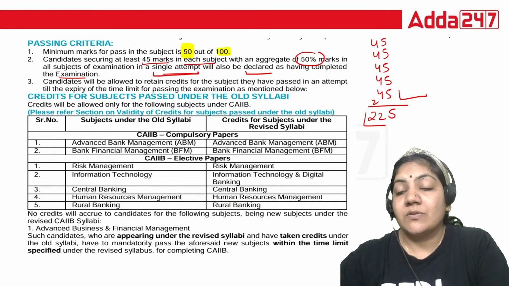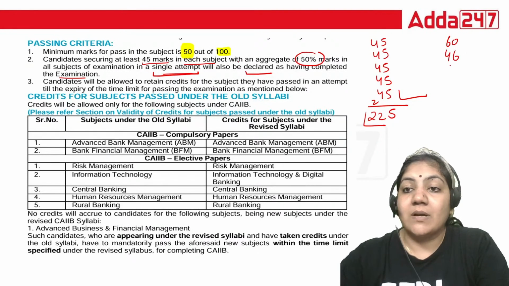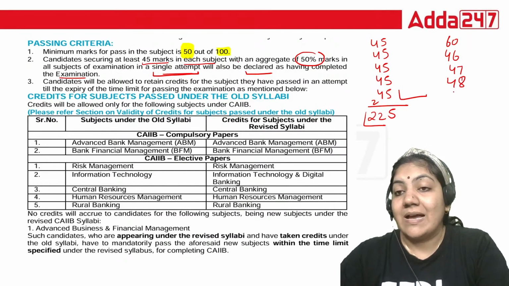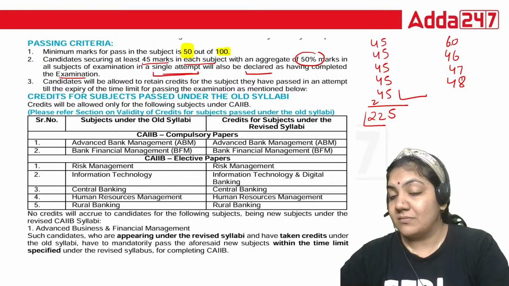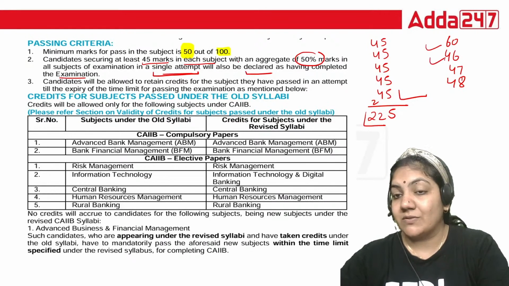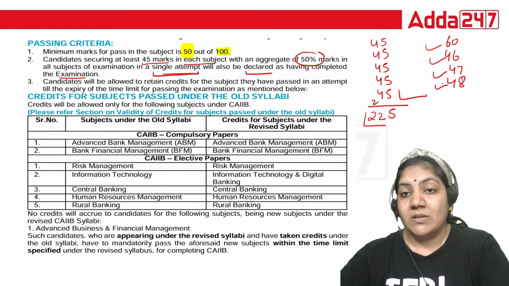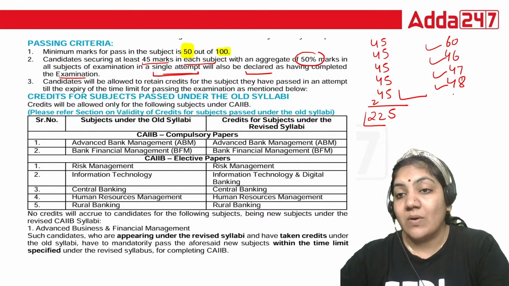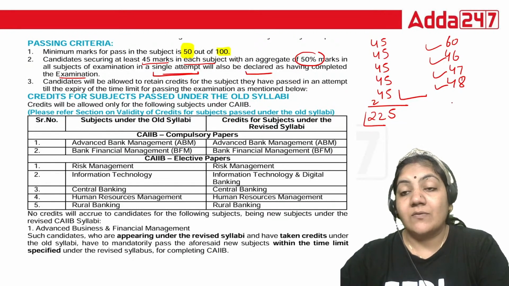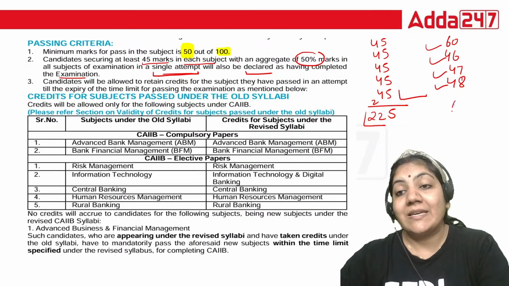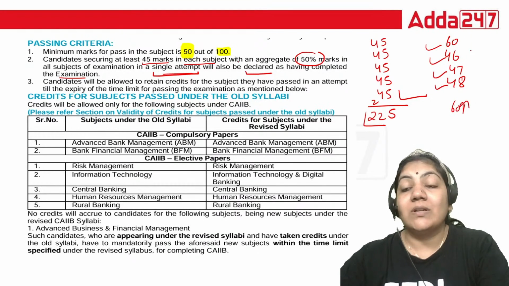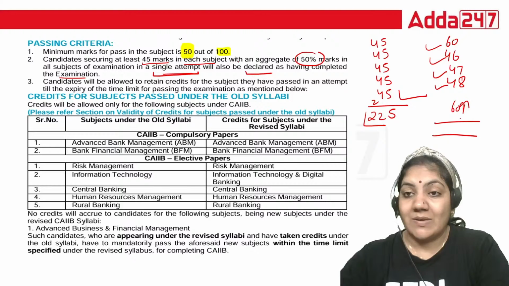Suppose you score 60 marks, 46 marks, 47 marks, then 48 marks, and so on in these particular subjects. Now if the total is below 250, in that case you have to score above 60 marks in the last subject, and only then will you be declared as having passed the CIB exam.